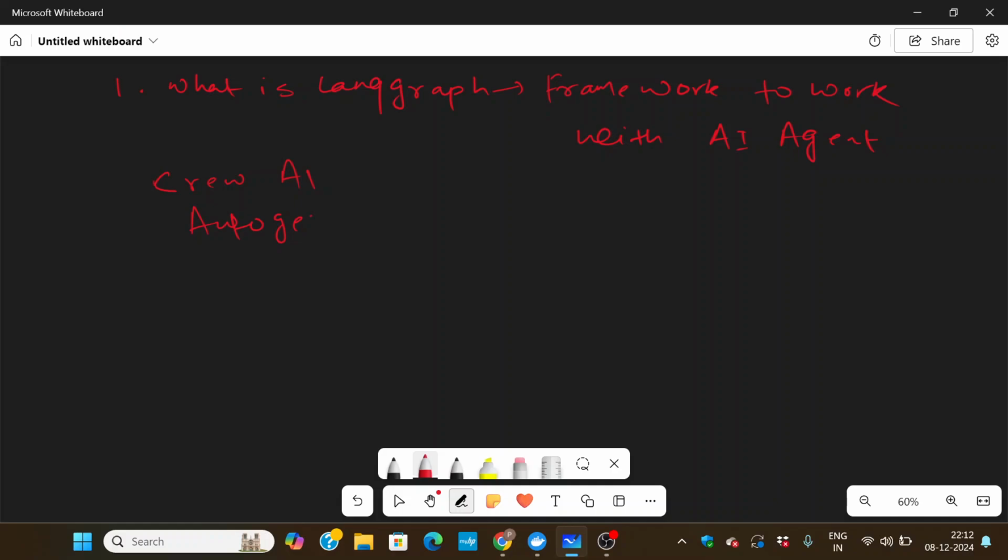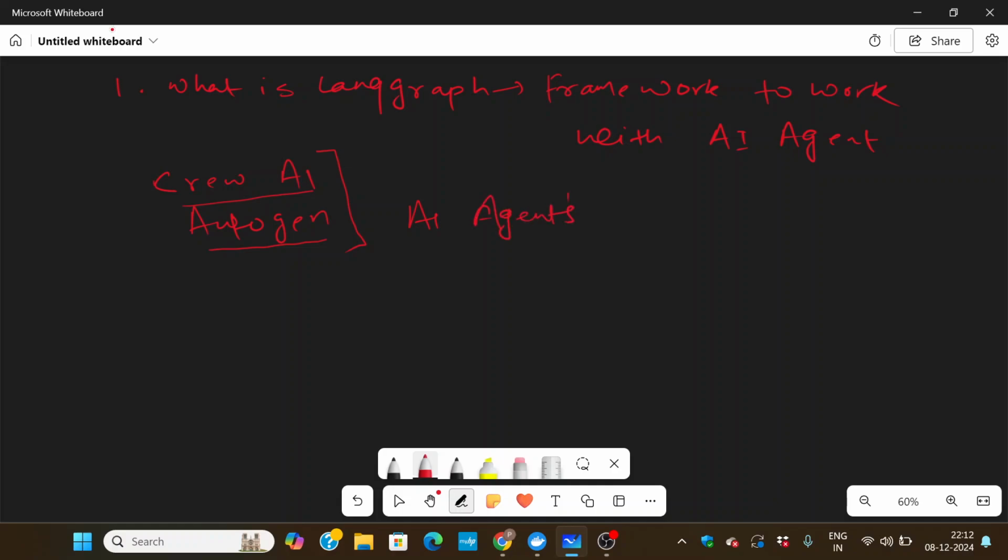So these two others are the most popular libraries and frameworks in Python to work with AI agents.